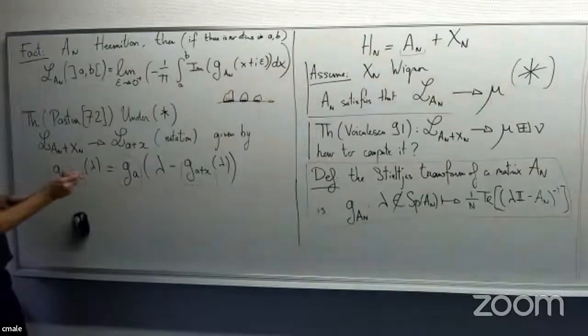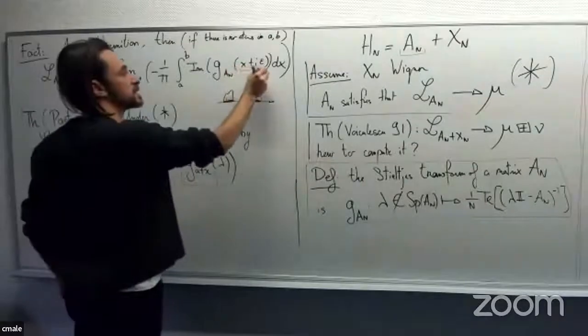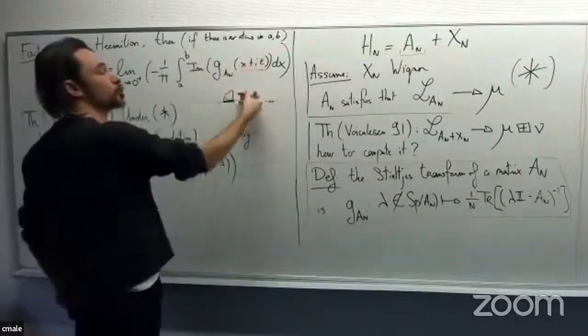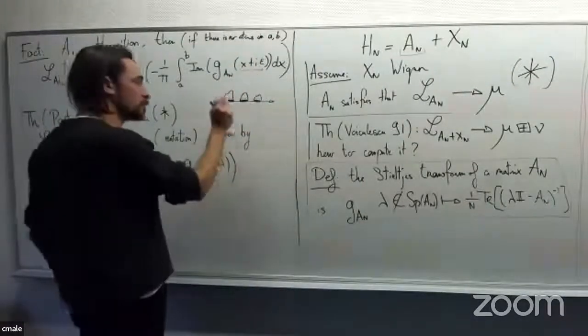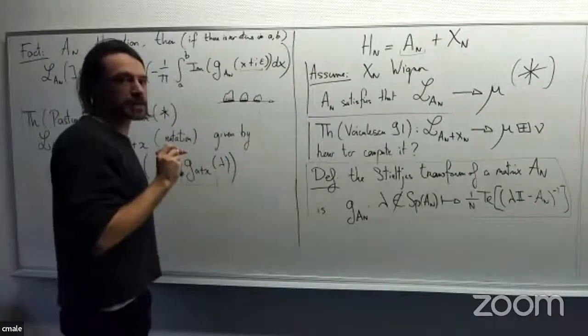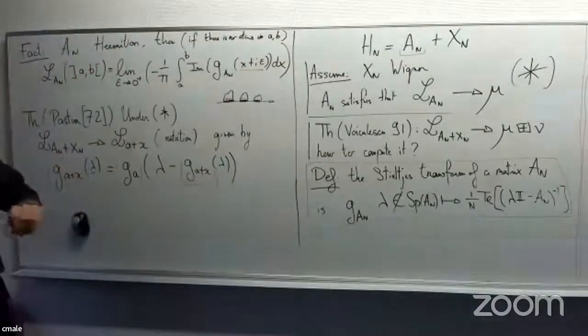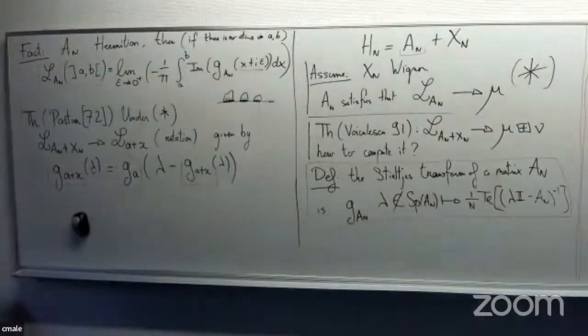And you evaluate this for a parameter lambda which is close to the real axis, and then you will be able, in practice, to compute the Stieltjes transform of this value, and hence to have a nice approximation of the density. So this is Pastur's equation.